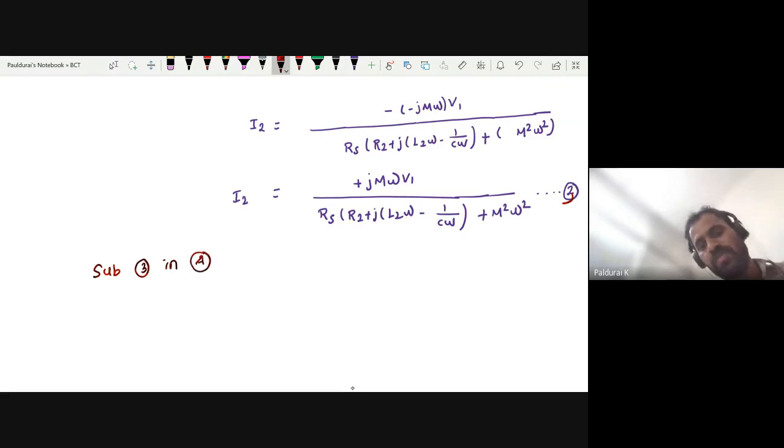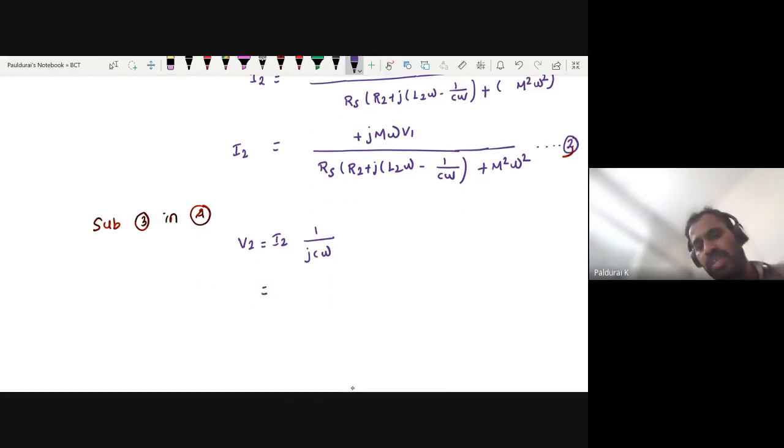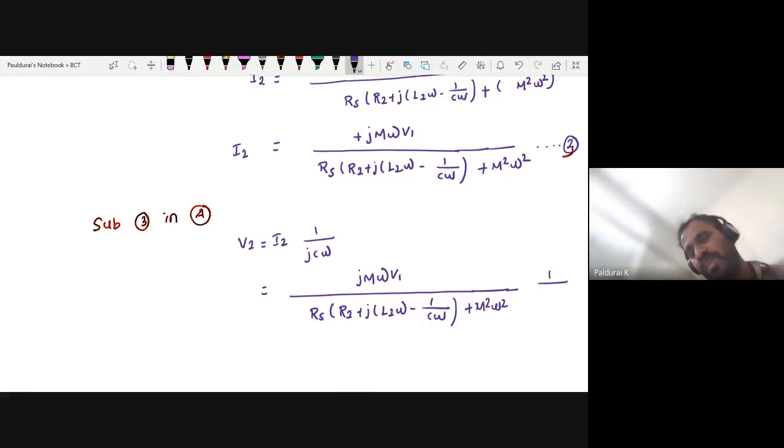We know V2 equals I2 times 1 divided by jc omega, and replace the I2 expression: j m omega V1 divided by Rs times R2 plus j L2 omega minus 1 by c omega plus m squared omega squared. This is my I2 times 1 divided by jc omega.